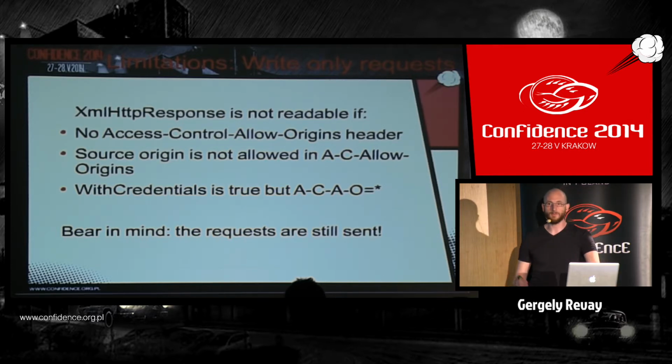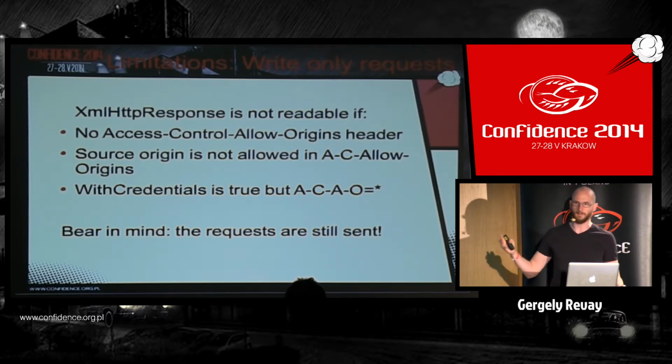CSRF protection is usually generating a random token and putting it in the HTML page, so that when the form on that page is submitted, the server can check that it contains the random token for that exact page. So it helps with preventing replay attacks and things like that.